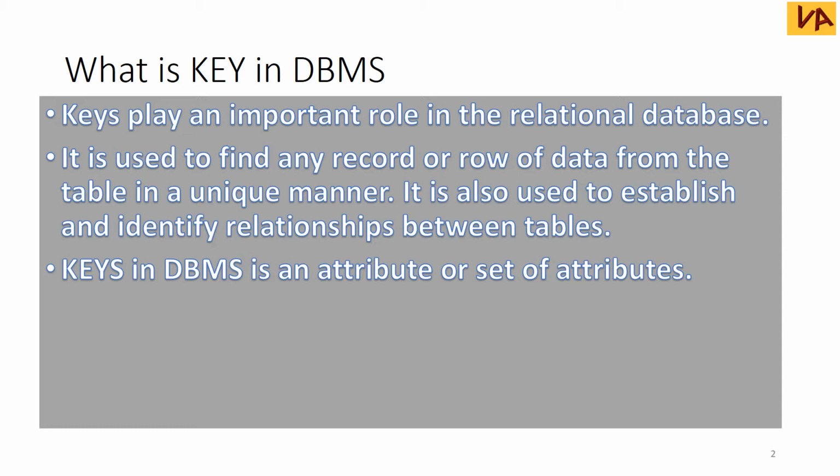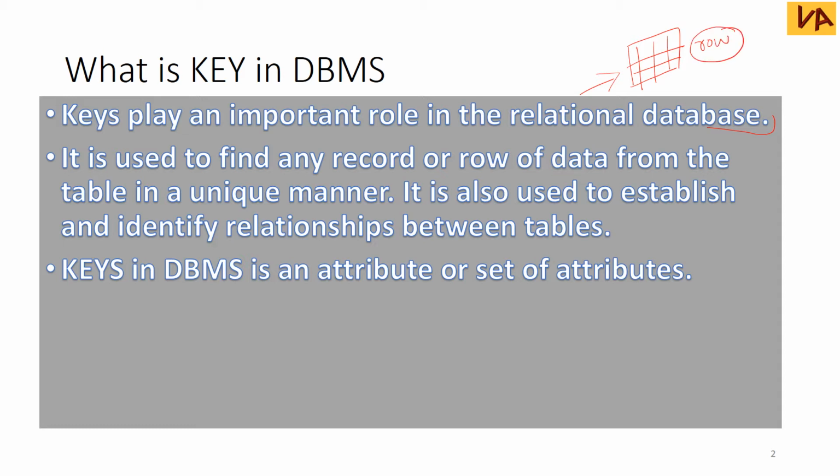Keys play an important role in the relational database. You know, the relational database is the database where you store your data in the form of tables where you have columns and rows, right? Basically, keys we use to identify a particular row of a table.